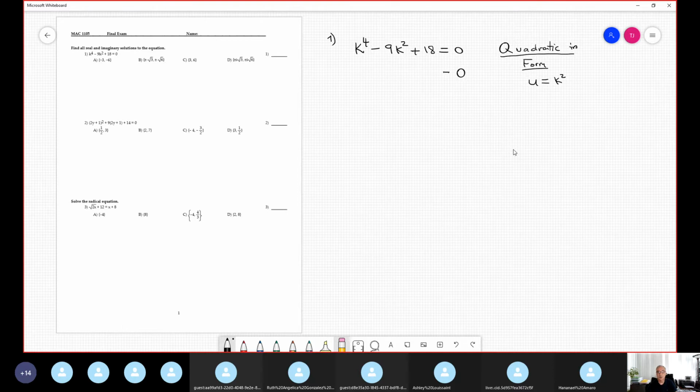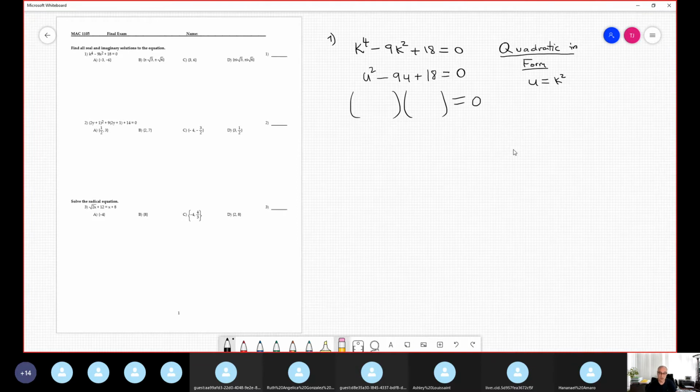using U substitution. This is 18, this is minus 9u, and this is u squared. I suppose you remember very well this because we started at the beginning doing that problem, no? Now, the factorization. In this case, we have a quadratic equation, no? For a quadratic equation, there are several ways of solving.